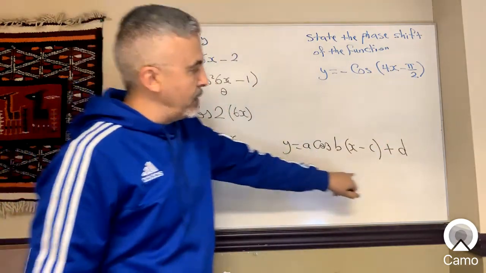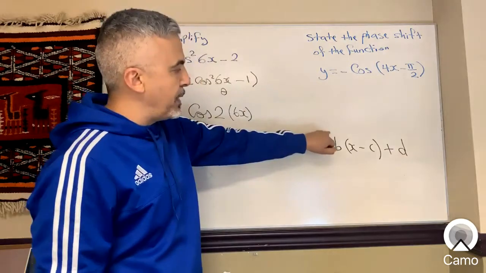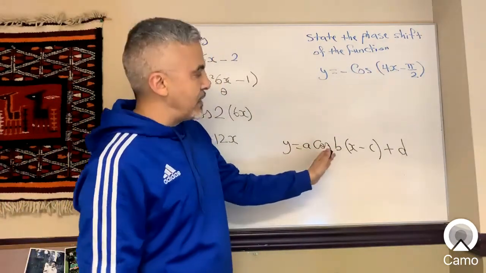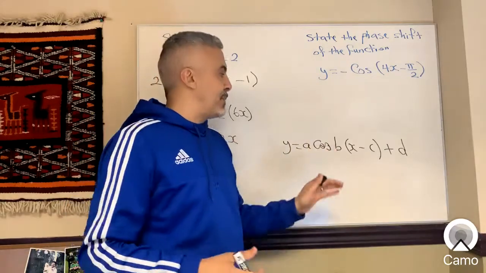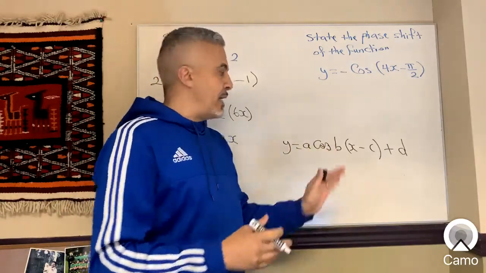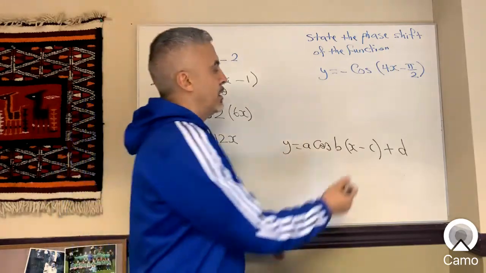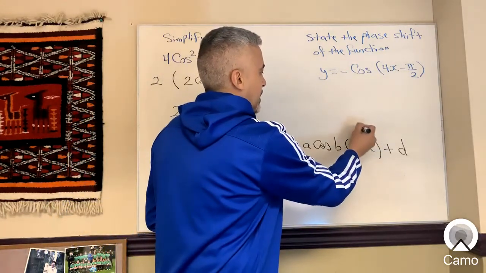A is the amplitude, d is the vertical displacement, and b is what you need to find the period. So b is not the period. A lot of students, when you ask them what b is, say, oh yeah, it's the period. No, it's not the period. The period is 2 pi over b. But here, what we're interested in is c, the phase shift.